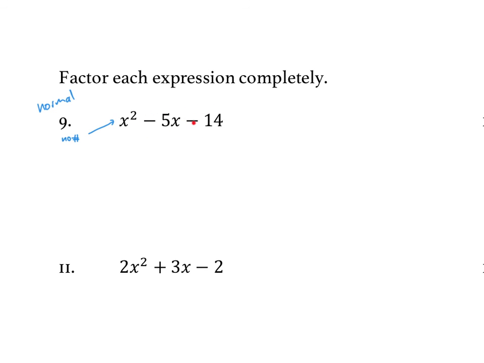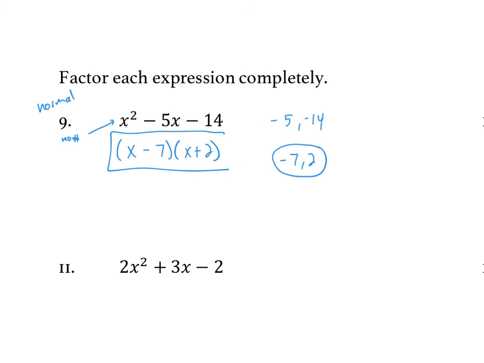So two numbers that multiply to be negative 14 and add up to be negative 5. So that's negative 7 and 2. So those multiply to be negative 14 and they add up to be negative 5. Okay, so those two numbers we'll put in parentheses, and that's it. Okay, and that's factored.